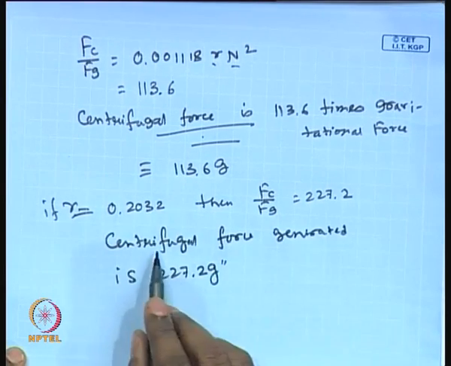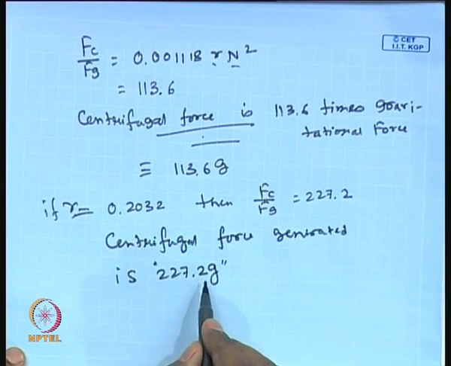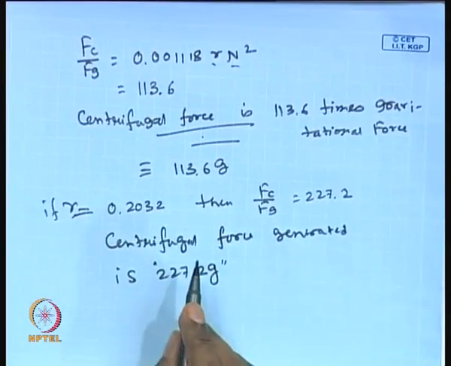That means centrifugal force generated is 227.2 times the gravitational force. Okay, so that is the nomenclature. Whenever you look into the specification written on the wall of the centrifuge, you will see all this information: the centrifugal force generated is x times the gravitational force.